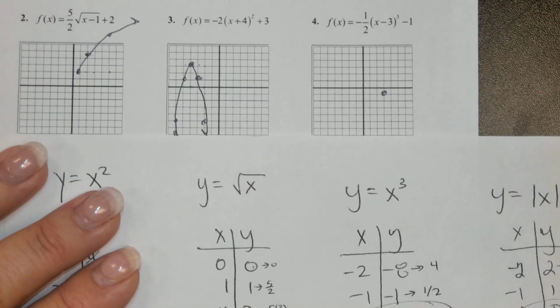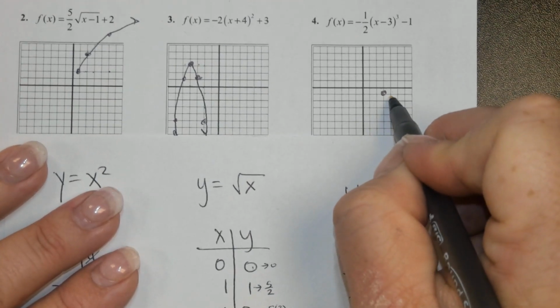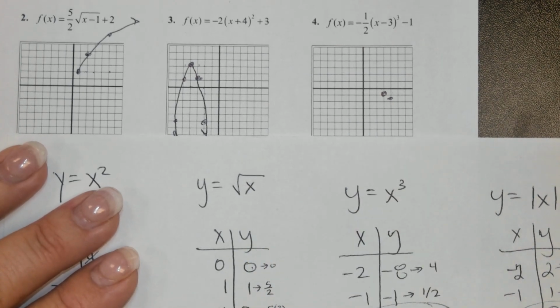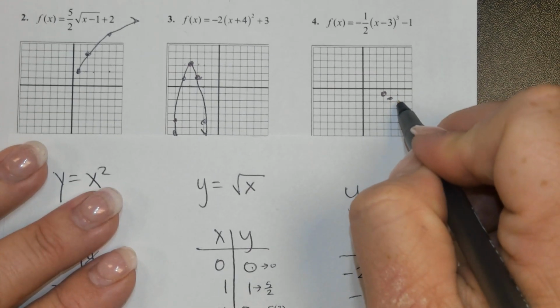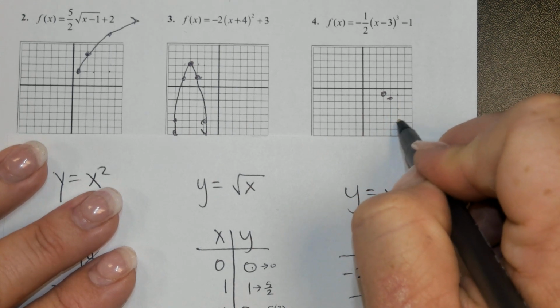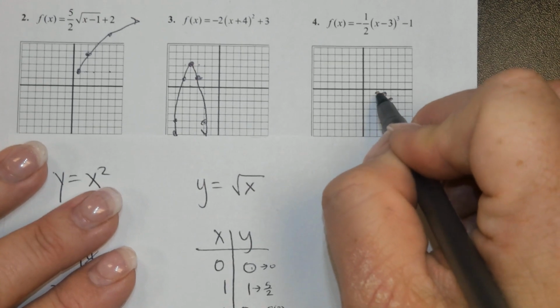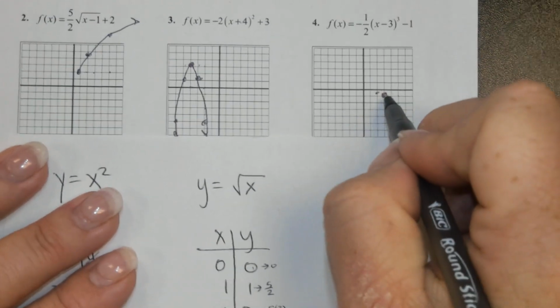I'm going to go right 1 and down 1/2. Back to this point, right 2, down 4: 1, 2, 3, 4. Back to this point, left 1, up 1/2, and left 2, up 4.